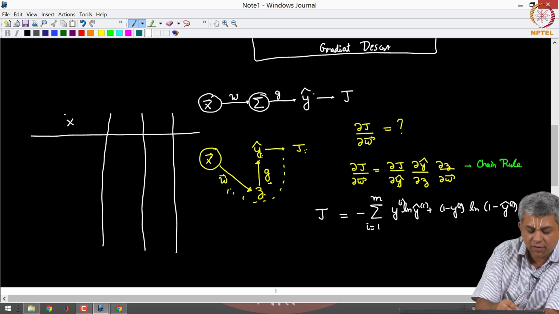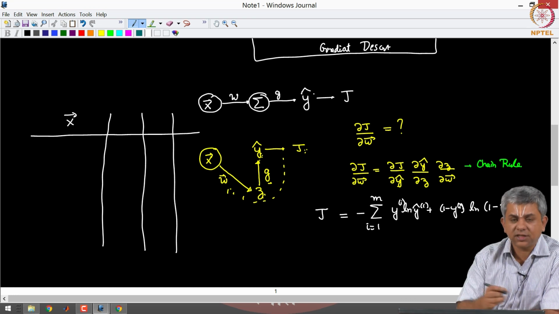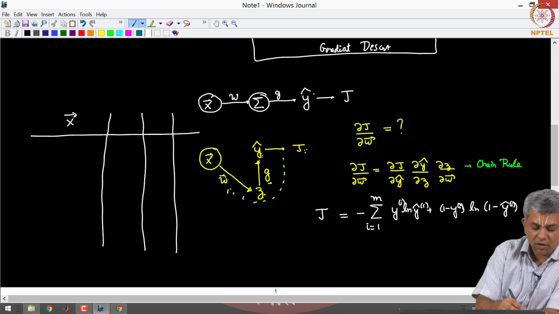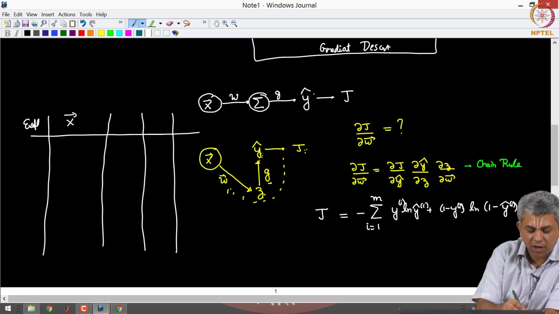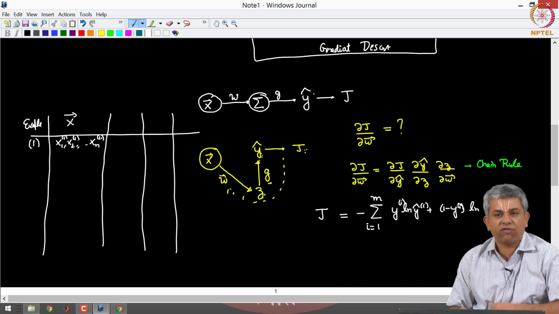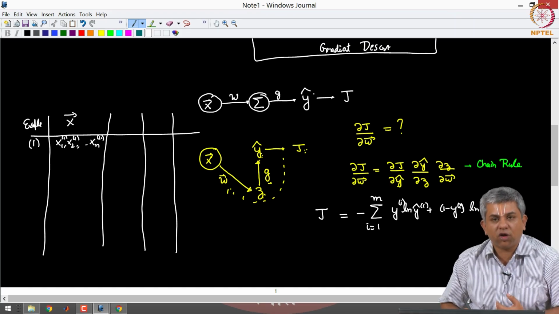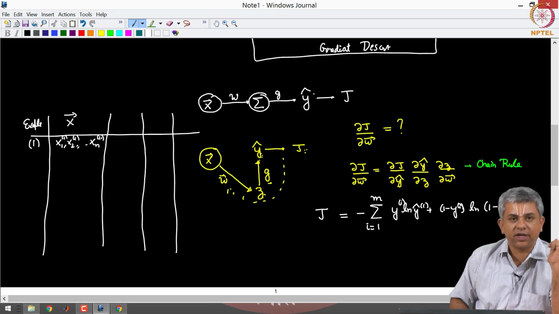suppose you have x vector as in the example that we have shown here, and you have multiple examples or multiple data points. Okay. So, for the first data point, x vector was x1, x2 up till xn, where you have n features, and I am going to put a superscript 1 to say that this is the first set of data points. In the case of the OR example, we had 4 such data points. Okay.